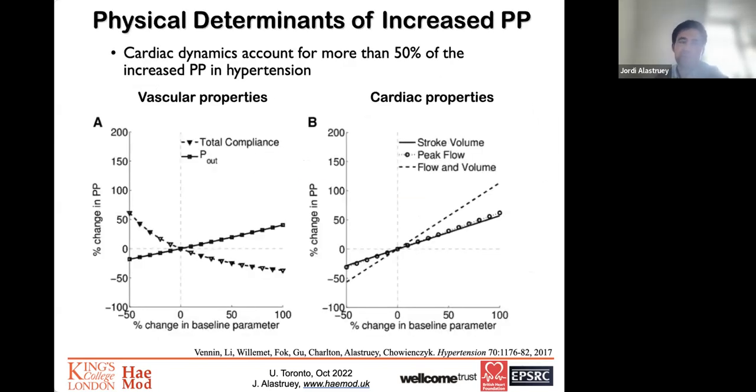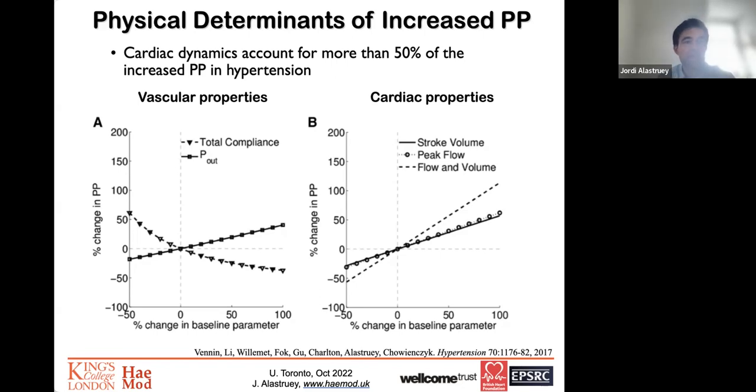And we went further than just proposing an accurate method for central pulse pressure calculation. Using the 3-element Windkessel model, we could investigate the physical determinants of increased pulse pressure in hypertension, and do that in a subject-specific way. Of particular clinical interest is the quantification of the relative contribution of arterial and heart properties to the increase in pulse pressure.